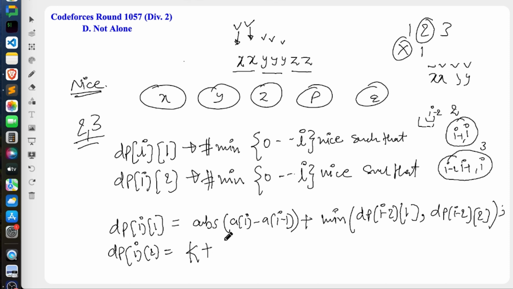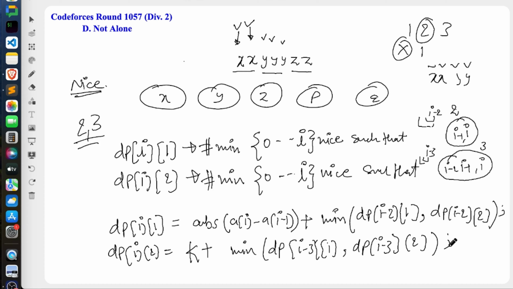So k plus the minimum of DP, here I minus 1, I minus 2, I minus 3. So now at index I minus 3, it could be either a block of size 2 or size 3, right? So DP of I minus 3, 1, or DP of I minus 3, 2.